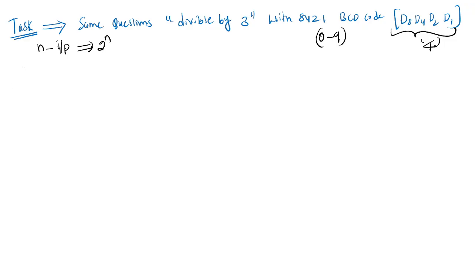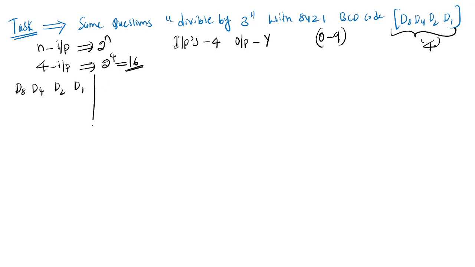So 4 inputs means 2 power 4, that is 16 combinations. Only one output is there, Y. So you write inputs as D8, D4, D2 and D1, and output Y.